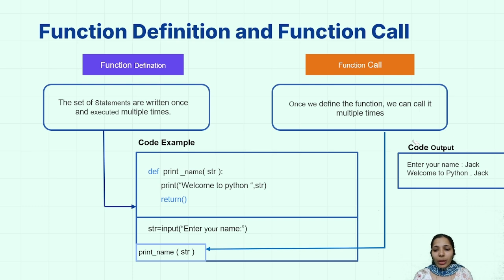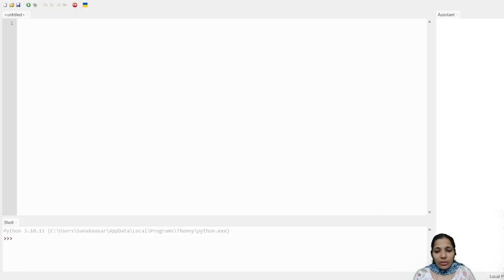So let's demonstrate this in our Thonny IDE. In order to define the function, I will use def, which is the keyword, and print_name is the name of my function.